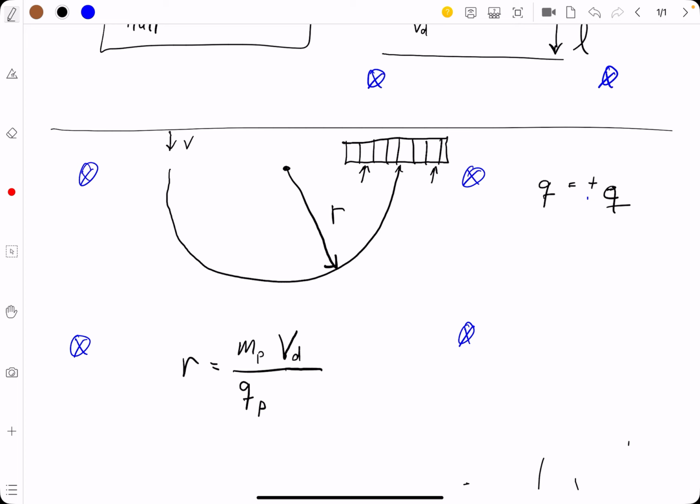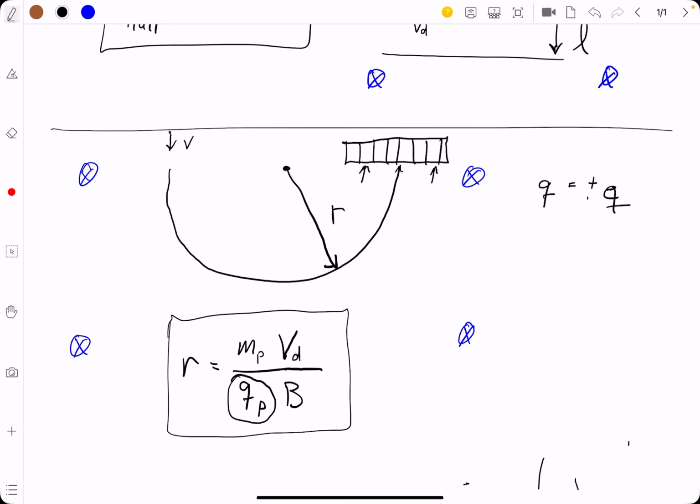I'm going to call it drift velocity, but it's really the velocity, not voltage, times the B field. And you could go through and derive this if you want. But the mass dictates the radius if the velocity and the B field are always the same, because the charge isn't going to change for the particle.